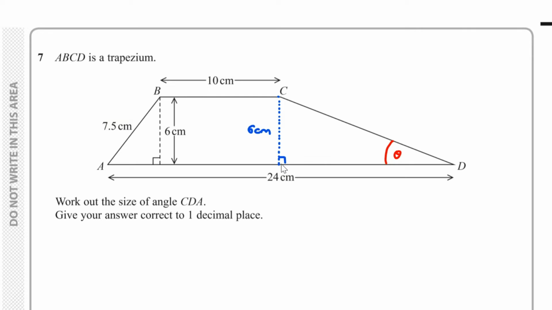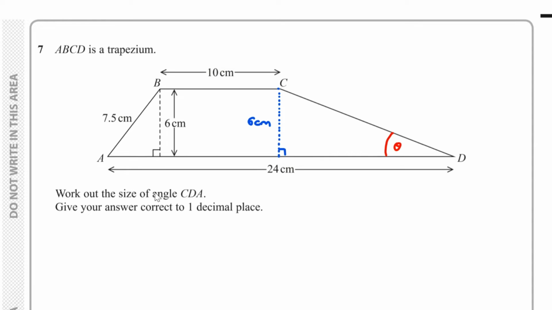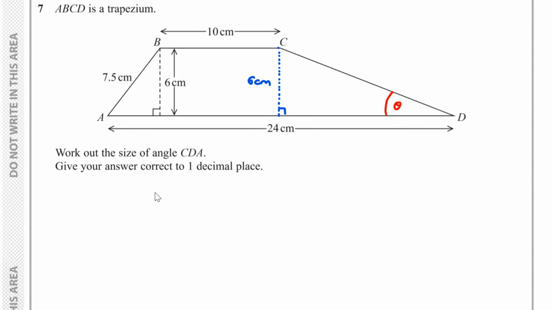And we can find out what this length over here is too. To do that, we can find out what this length here is. So if we draw out a triangle, we have the 7.5 centimeters here, the 6 centimeters over here. So we can find out this length using Pythagoras. Let's just call this length x for now.